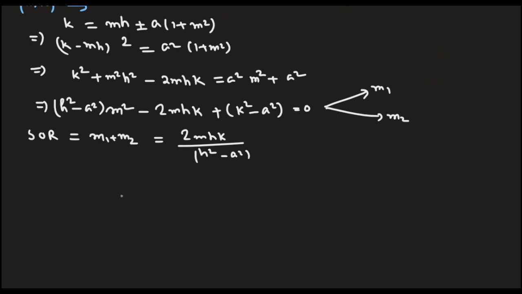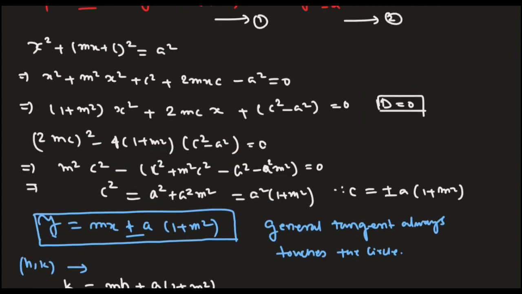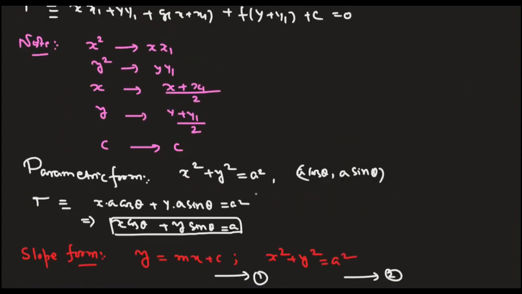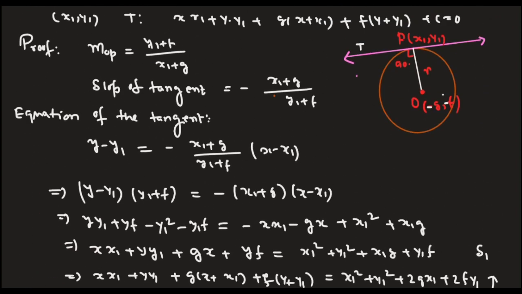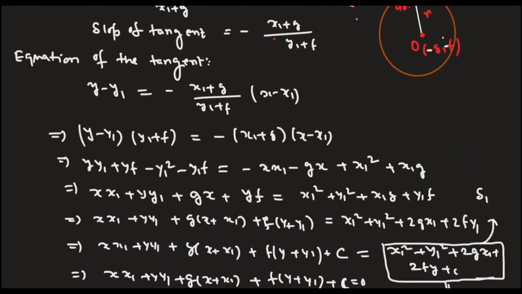Now the product of the roots, m1 into m2, will be k square minus a square by h square minus a square. This is point number 9.